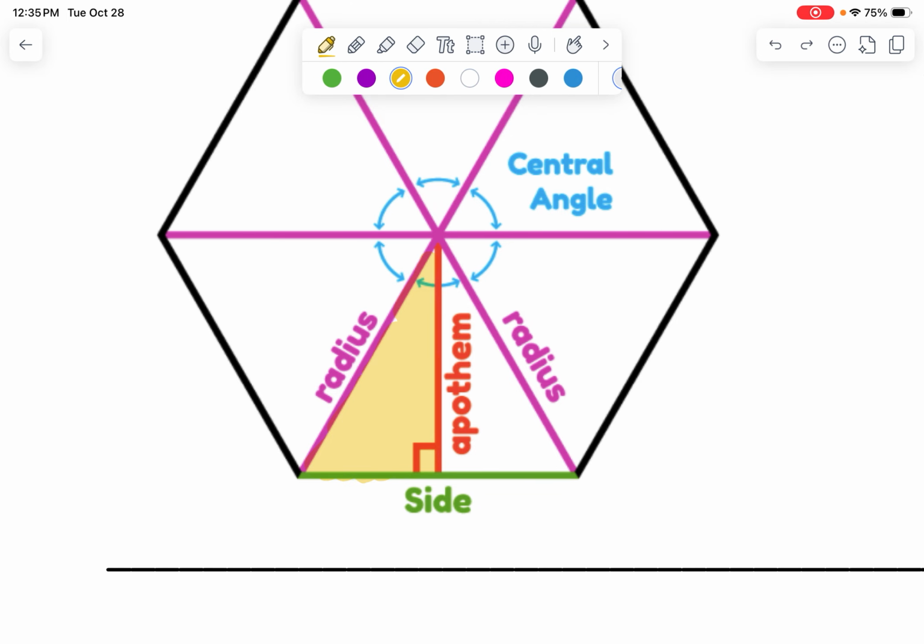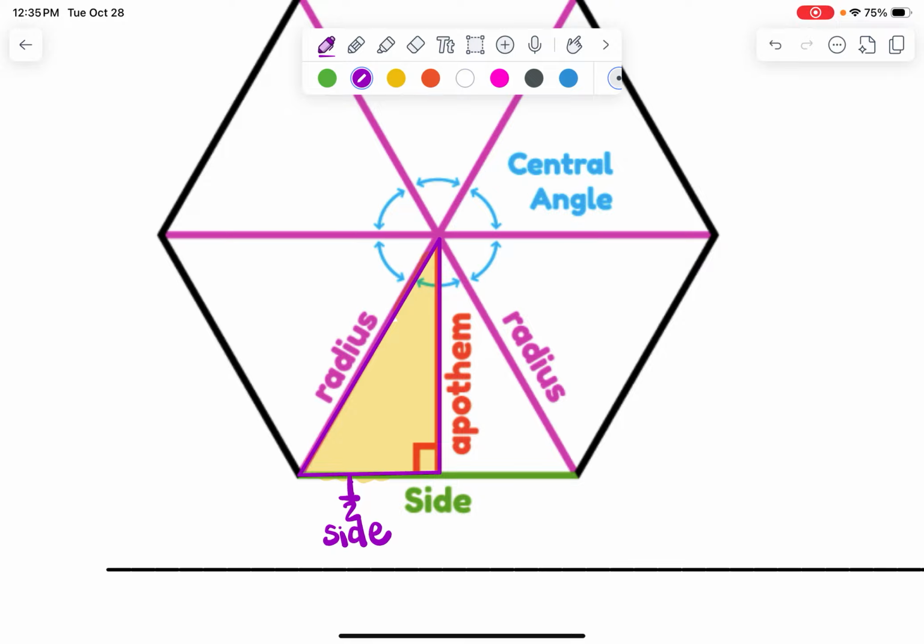Now, where did this right triangle come from? Well, clearly the apothem is the height of my right triangle. And then the radius, the closest radius, is the hypotenuse of that right triangle. And then notice right here, the base of my right triangle, it's not a full side. It's a half of a side.